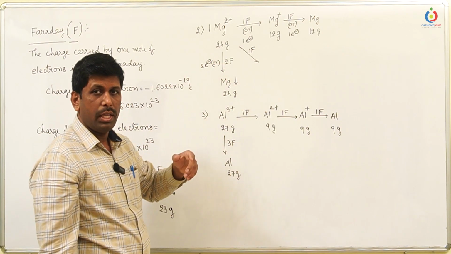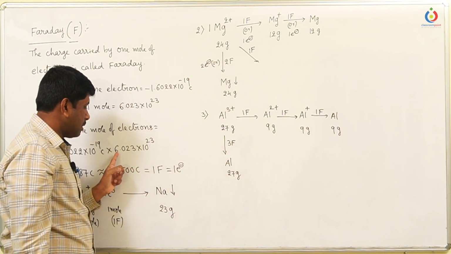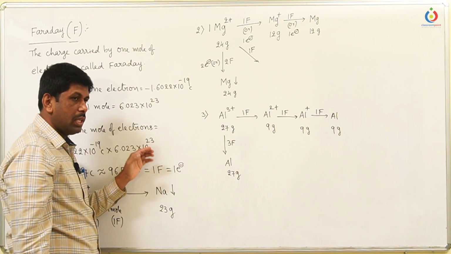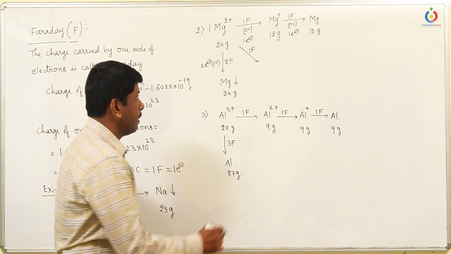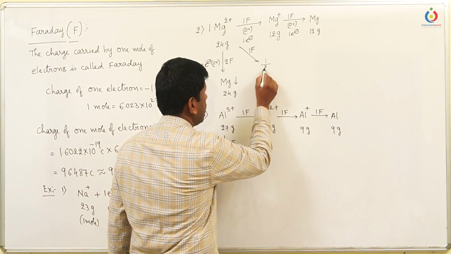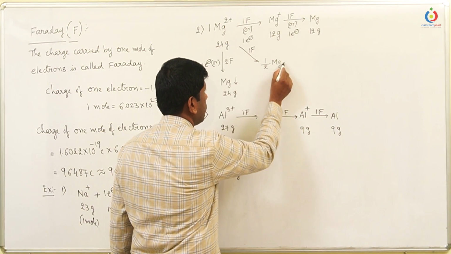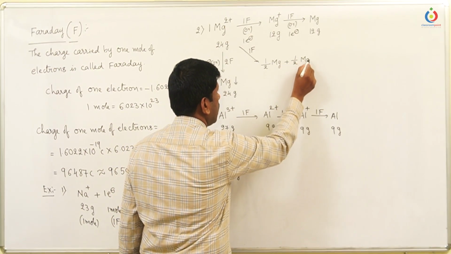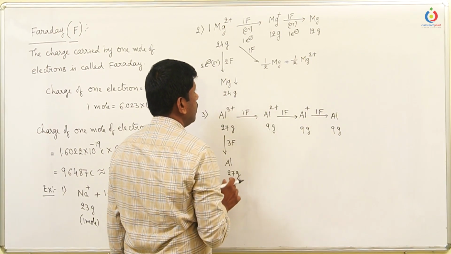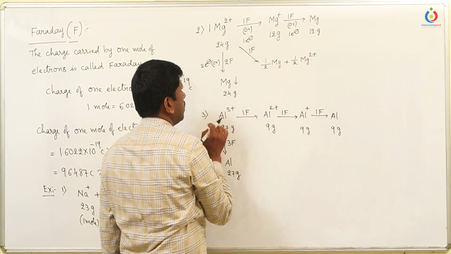It can do only half of the mole. That means only 3.01 × 10^23 Mg2+ ions' charge gets deposited. So half the magnesium gets deposited, and the remaining half Mg2+ does not get deposited. So half a mole gets deposited.